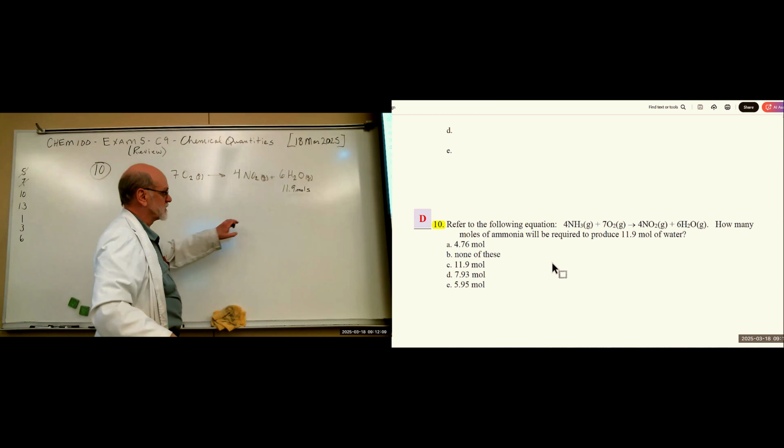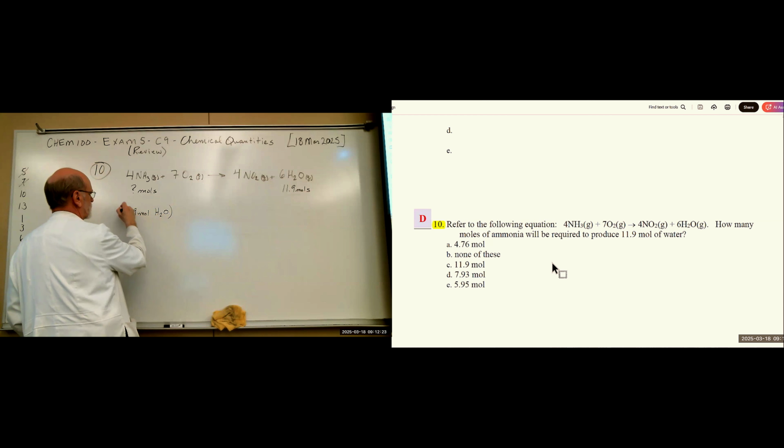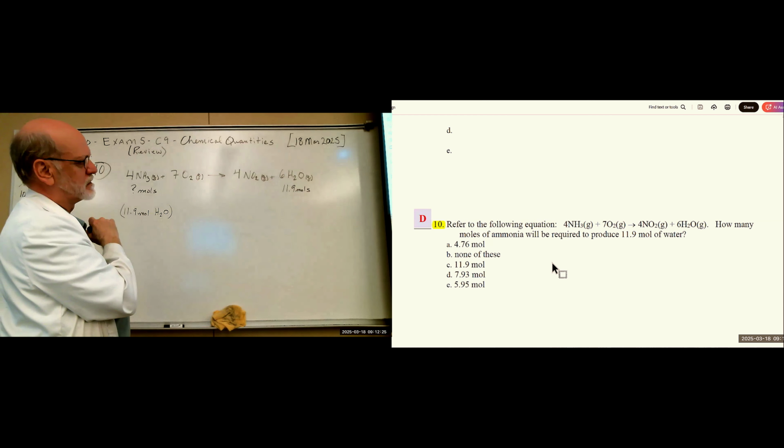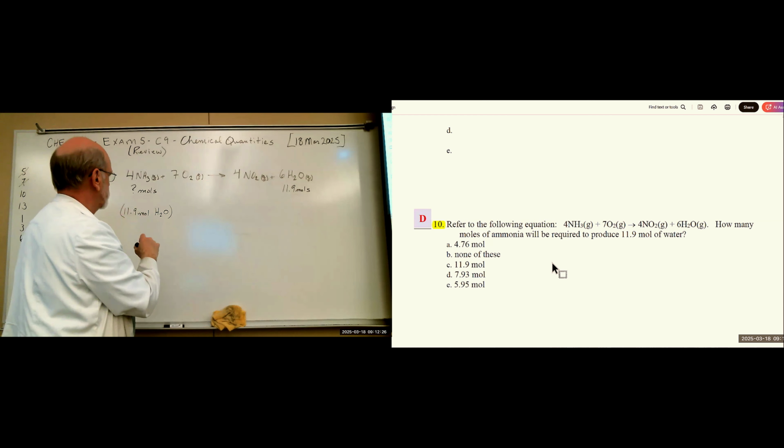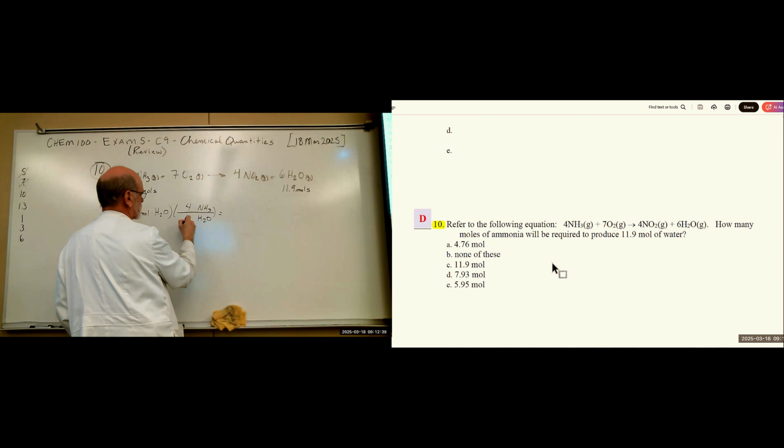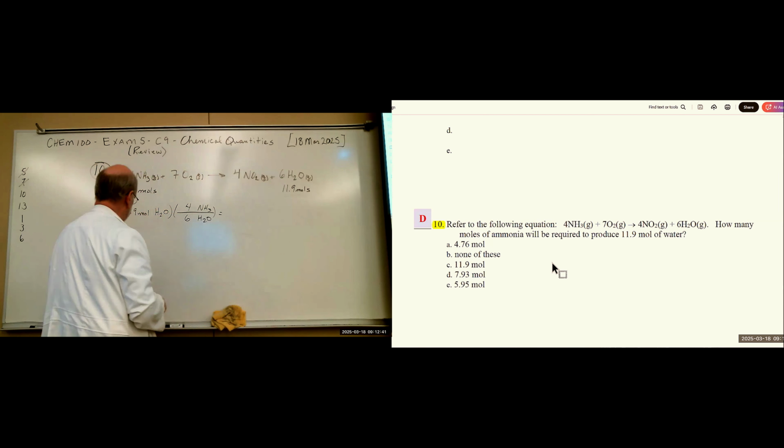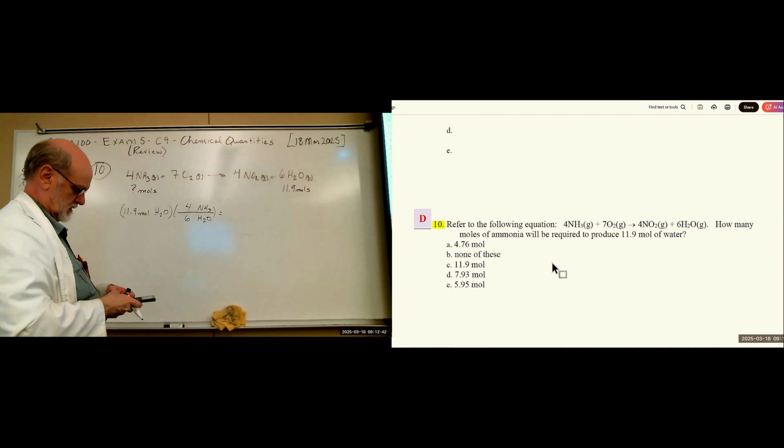So if we have 11.9 moles of water, we want to cancel the water and leave us with ammonia. So 4 for the ammonia and 6 for the water. 11.9 times 4 divided by 6 is 7.93.